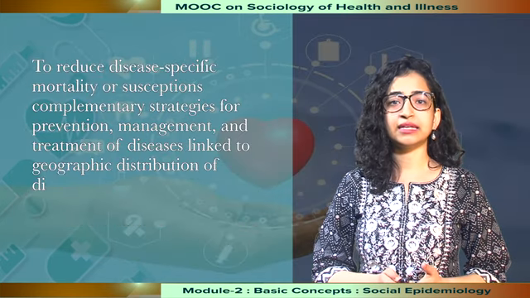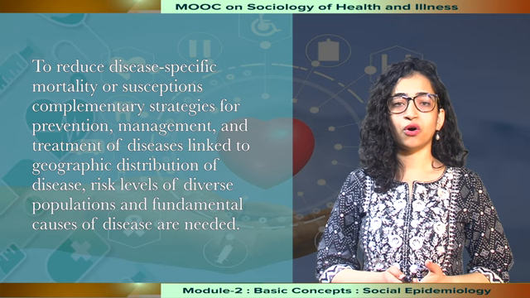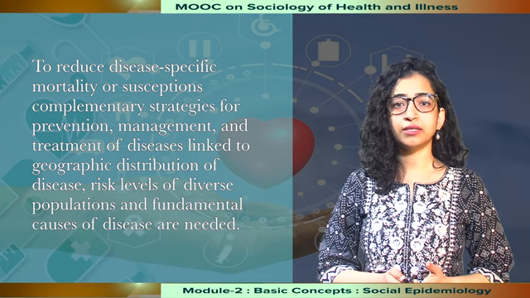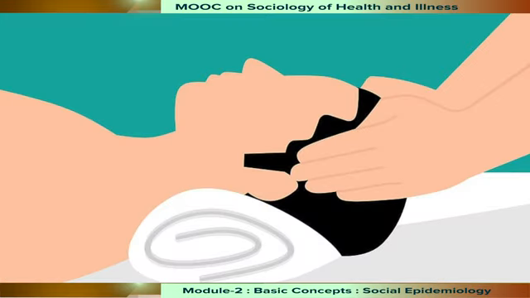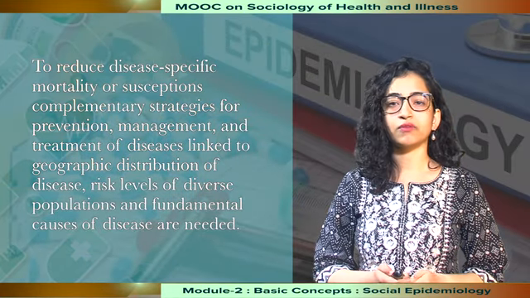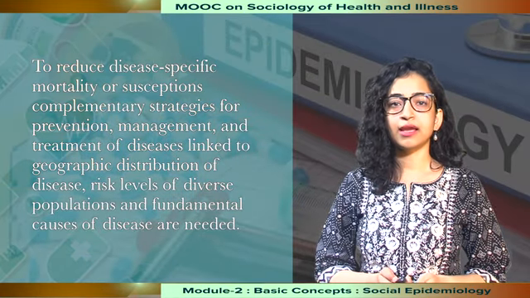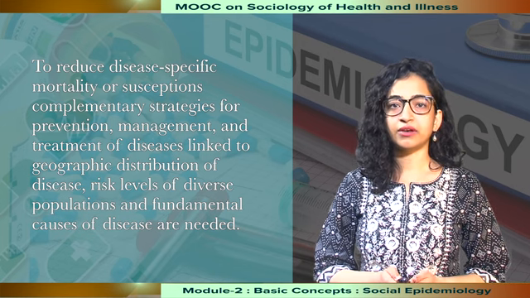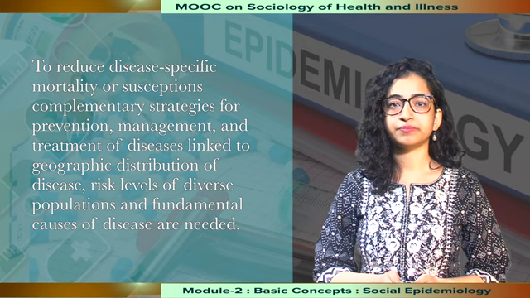To reduce disease-specific mortality or susceptibility, complementary strategies for prevention, management, and treatment of diseases, linked to the geographic distribution of disease, risk levels of diverse populations, and fundamental causes of disease, need to be evaluated.